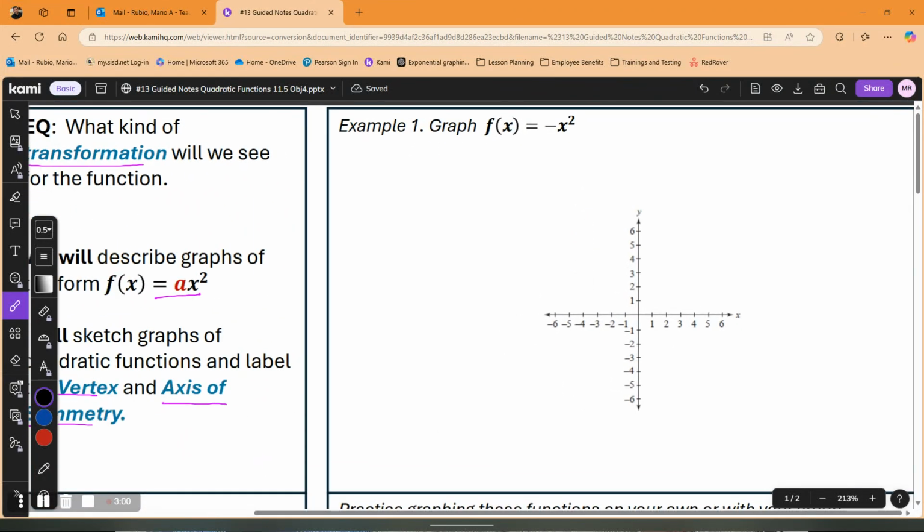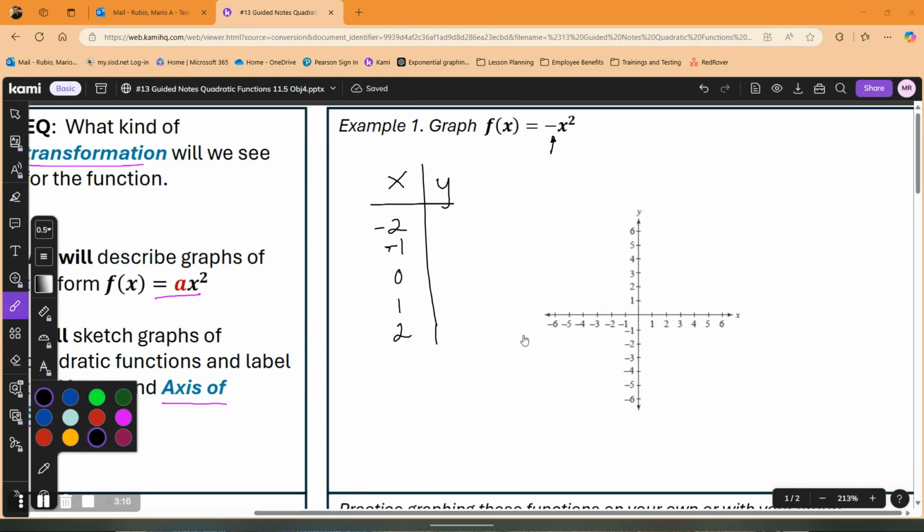Let's look at example number 1. If you have a graph of, let's say, negative x squared, remember, we do our table: negative 2, negative 1, 0, 1, and 2. Always use these numbers. We substitute these into that equation.